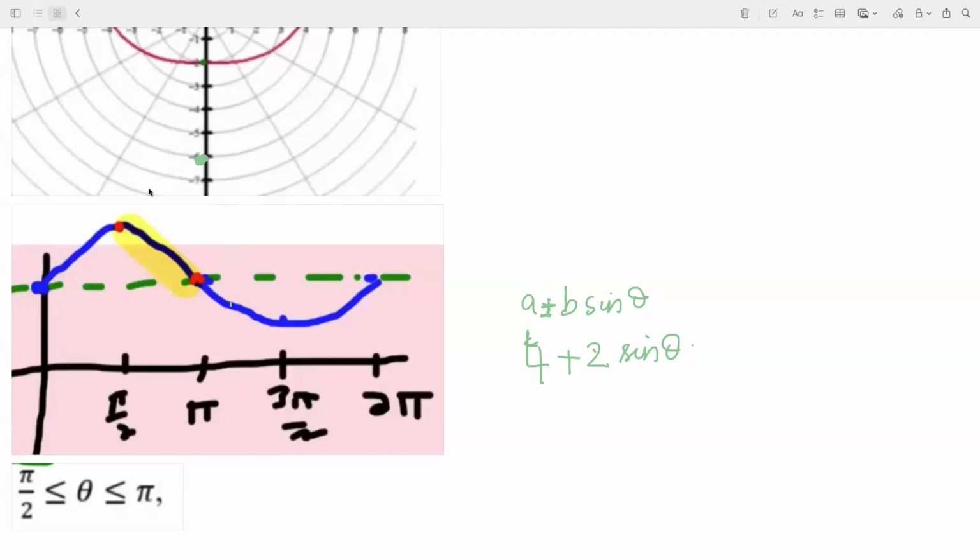So if you have a graph like this, for answering questions like whether it is increasing or decreasing, for the time being, till you get used to the polar graph, it's so much better to work it out into a rectangular graph. The amplitude is 2, so this distance is 2, but it is raised by 4.